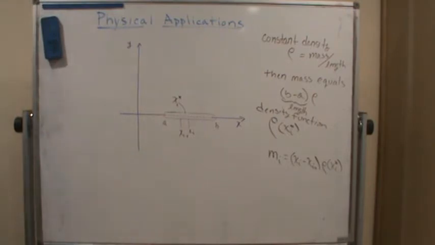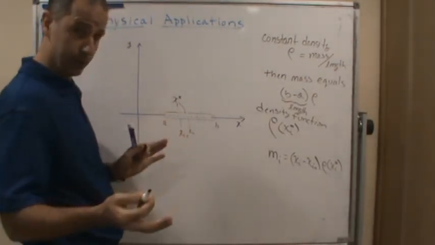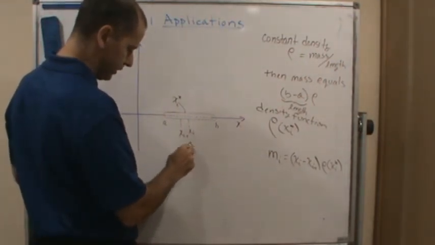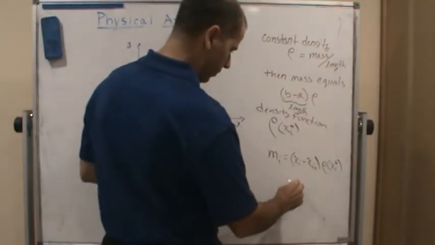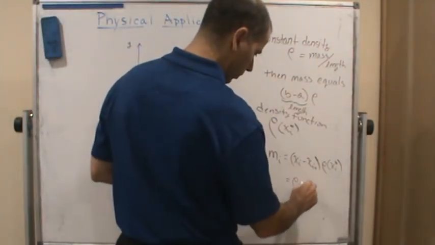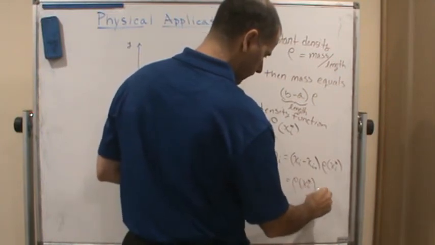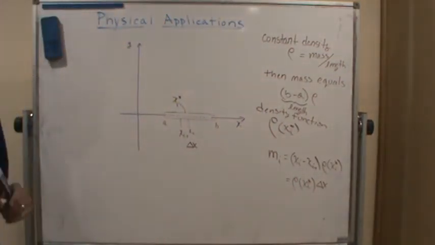Now, as you know, what is this distance? This is just delta x, regular subintervals. So this is just going to become rho of x sub i star times delta x. And that's for one piece.